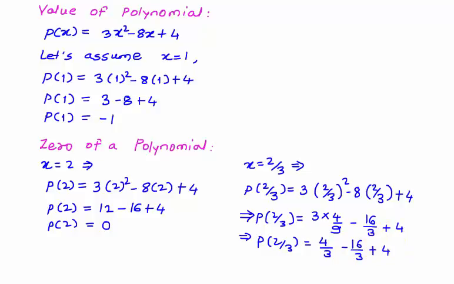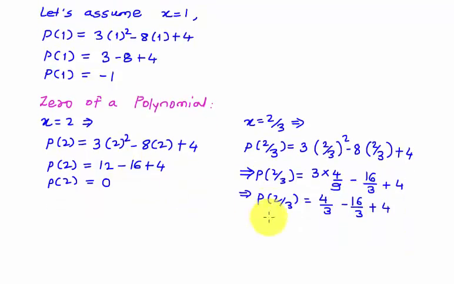Now let's solve this term. So p(2 by 3) will be, so the LCM is 3 over here, so 4 will remain as it is, minus 16, plus 4 into 3 is 12. Now if you calculate this value, then it will become 0 by 3.